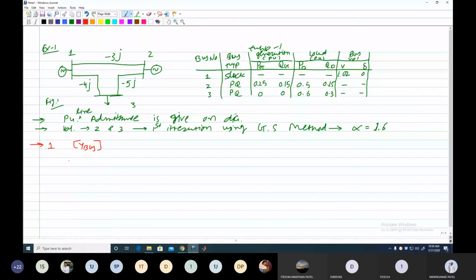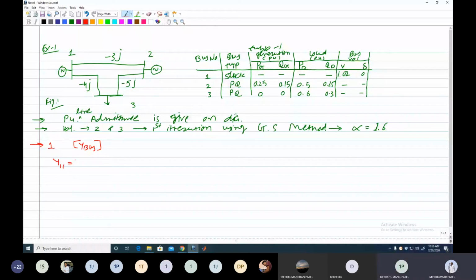Let's start with the diagonal element Y11. What is the value of Y11? Here it is not given, but just write down that we neglect the shunt and line charging admittance of the network. So what is the equation for Y11? Yes, Y10 plus Y12 plus Y13.